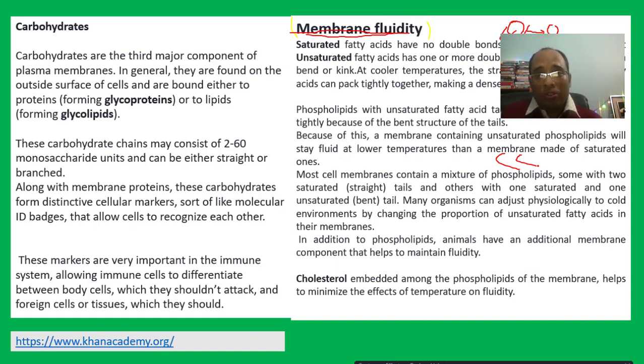Now, another very important role is played by cholesterol. This cholesterol acts like a buffer.